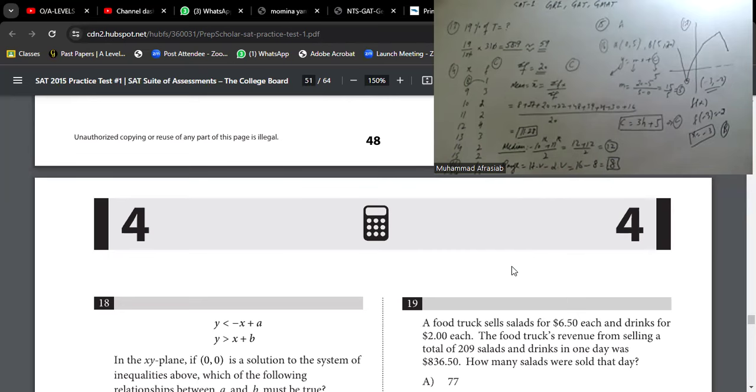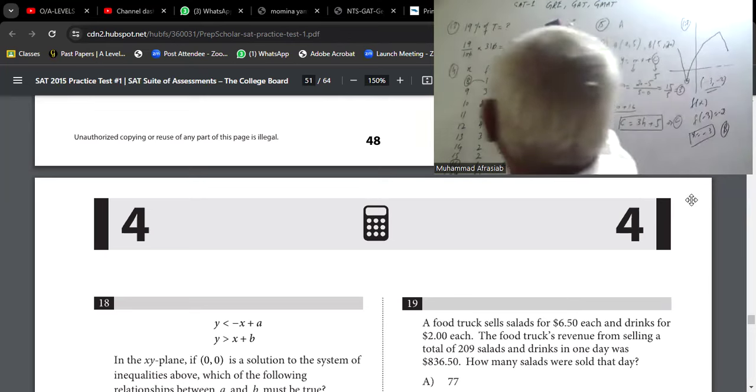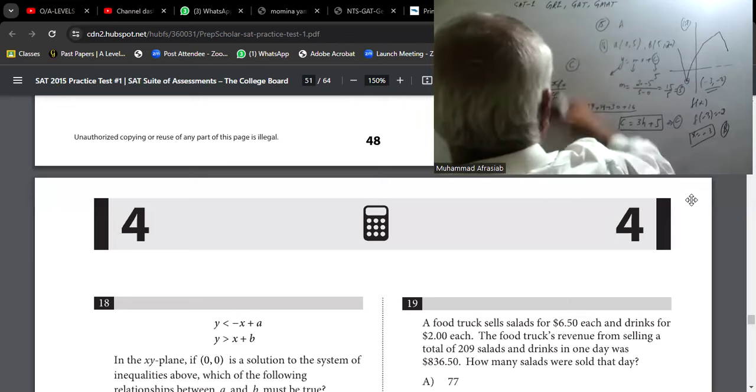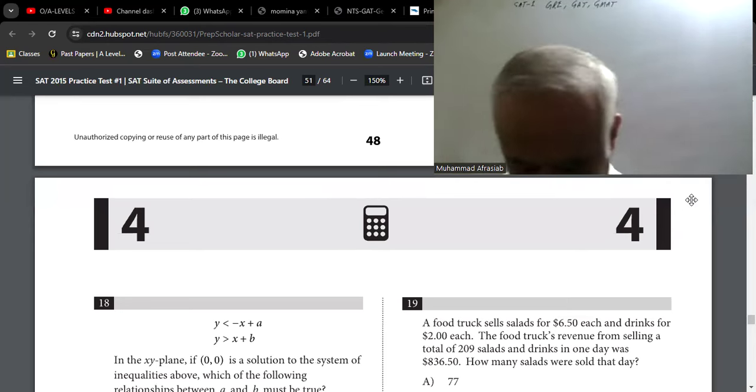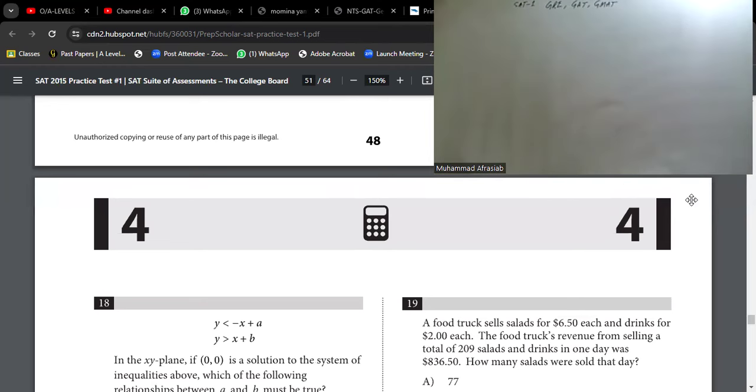Then question number 18. y is less than x + a, and y is greater than... y is less than -x + a. x + a is the answer.